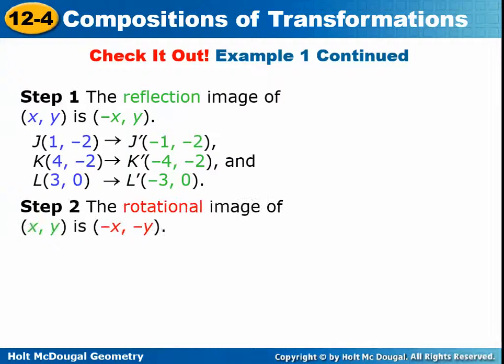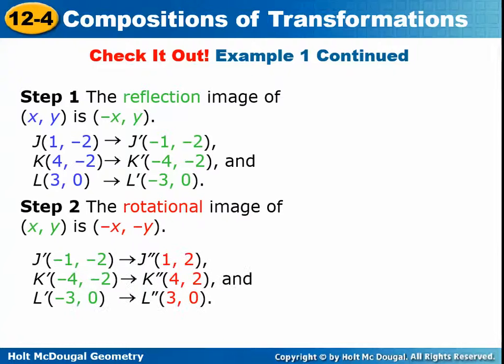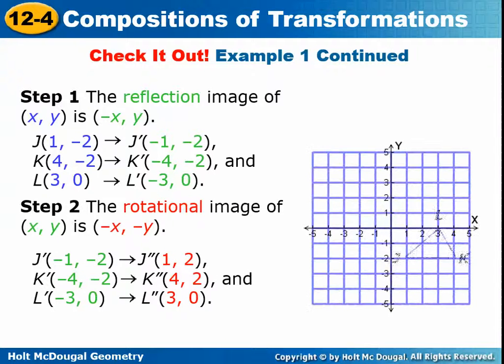All right, so first we are reflecting over the y-axis, and then we are going to rotate that 180 degrees, which you change the signs of both of them. So we're starting with the original. And then reflecting over the y-axis, like I suspected, and then rotating 180 degrees. You change both of their signs, and you'll end up with K double prime, J double prime, L double prime.